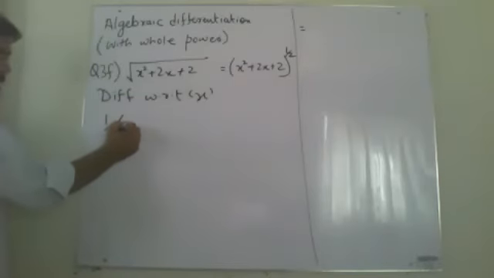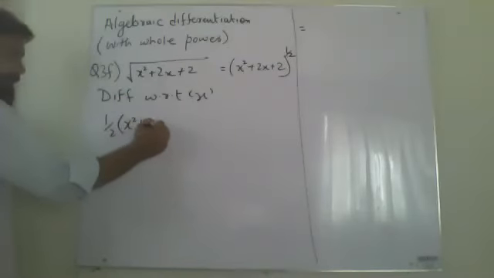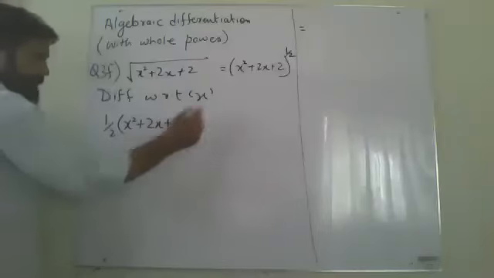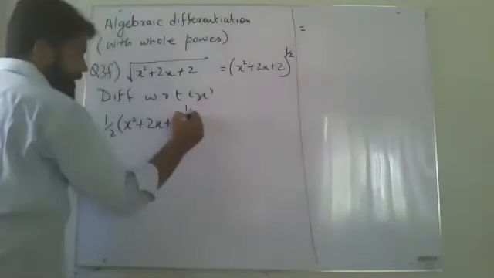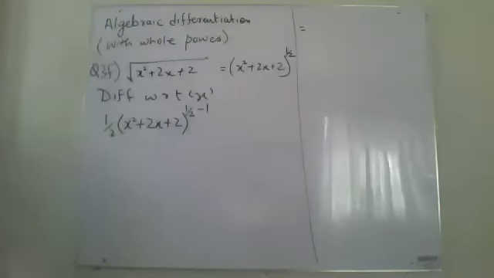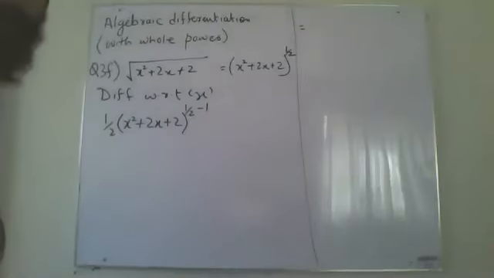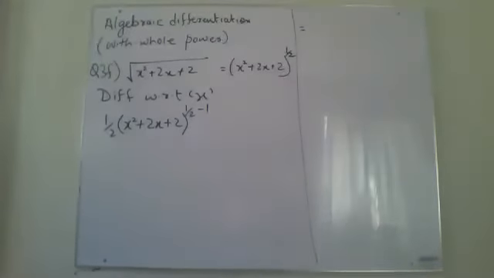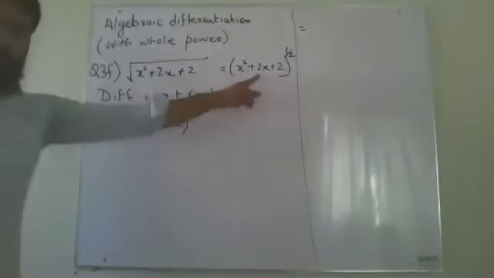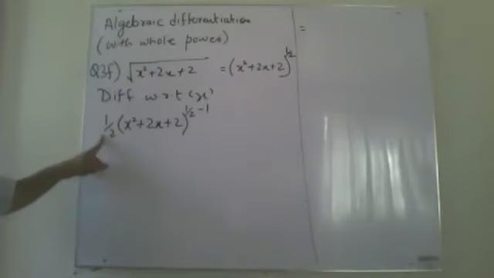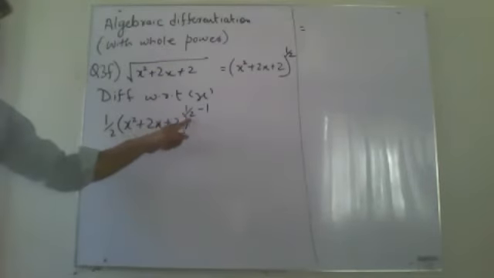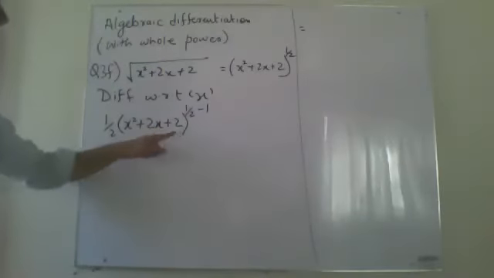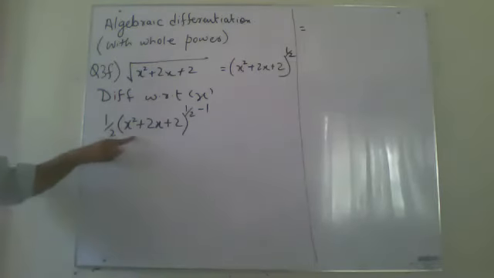Then whatever is written inside the bracket will remain the same, and then half minus 1. Okay, half minus 1, that is over there, right? So what we are going to do over here, beta: first thing, it is a whole power question, so I have written my whole power over here, and then power is reduced by 1, and whatever was inside I have written as it is.